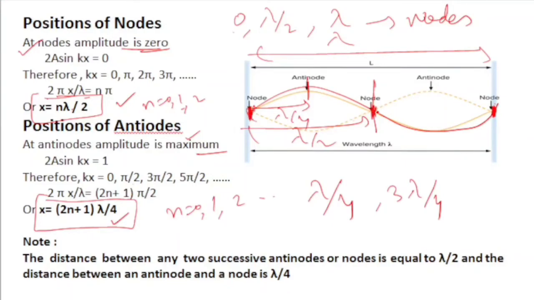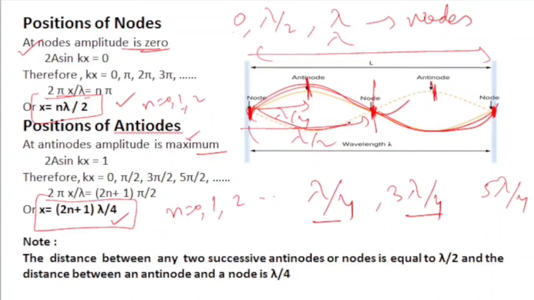It means minimum amplitude. And at lambda by 4, 3 lambda by 4, then 5 lambda by 4, 7 lambda by 4, maximum amplitude, an antinode is formed. So this one is lambda by 4. This one is 3 lambda by 4. In this way, different antinodes are formed. So node, then antinode, then node, then antinode, then node.